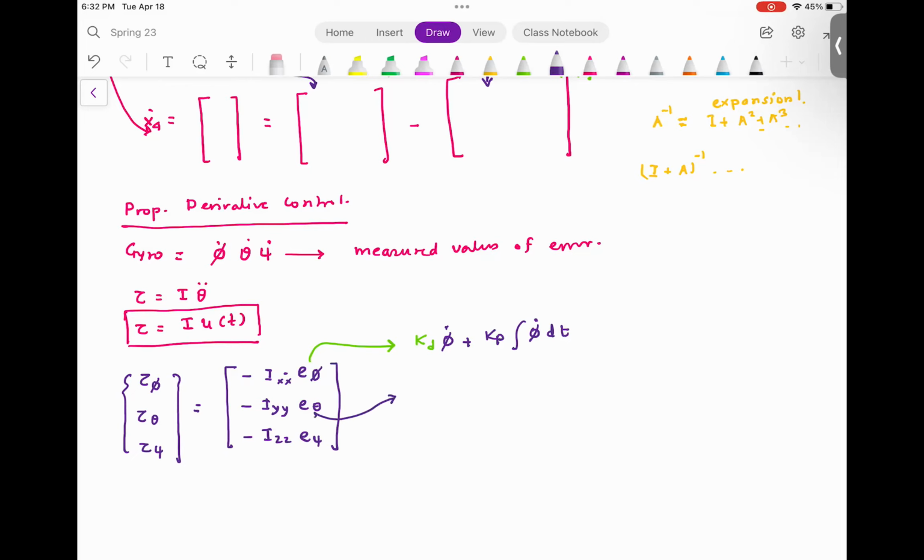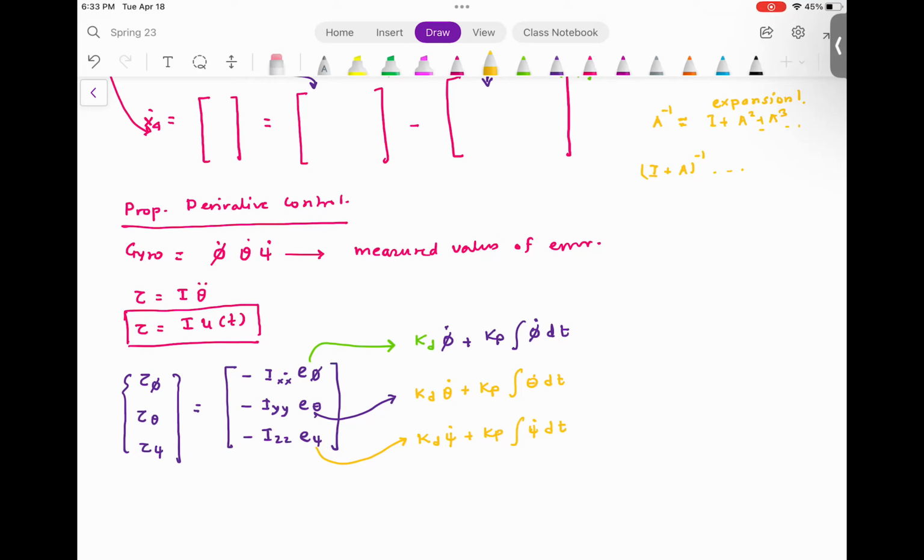Just like this, this term is going to be defined as Kd theta dot plus Kp integral of theta dot dt, and this term will be defined as Kd psi dot plus Kp integral of psi dot dt. Now let me explain what that means.